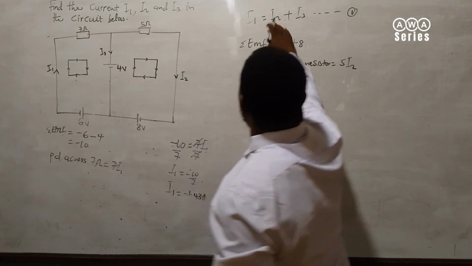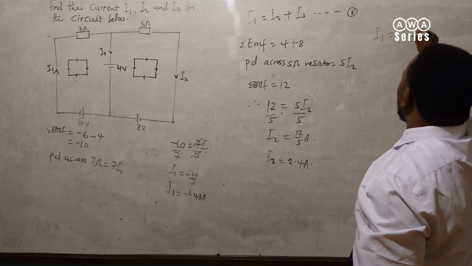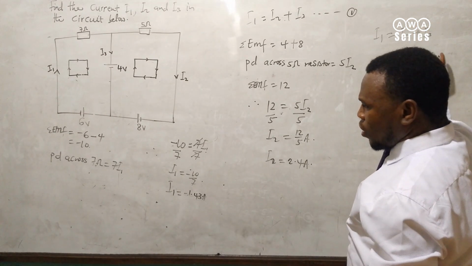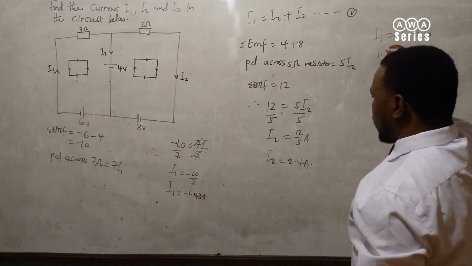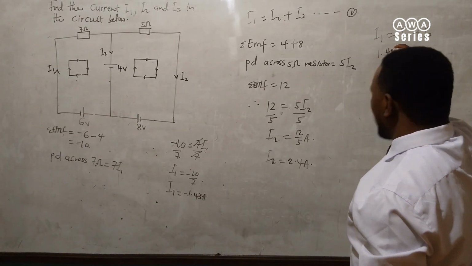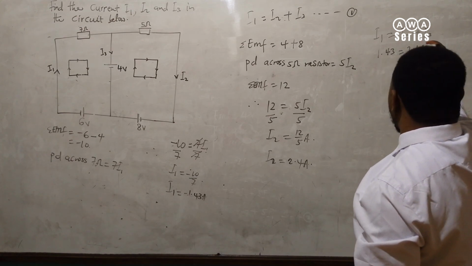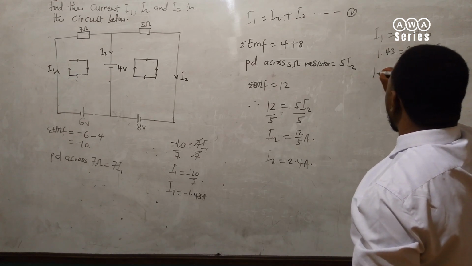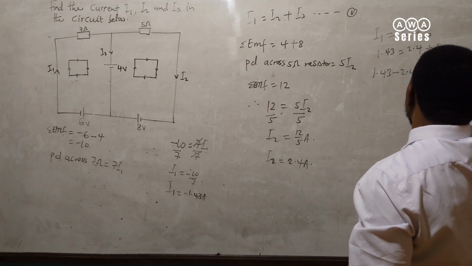Now, if you put that into the first equation where we have I1 equal to I2 plus I3, we know I1 to be negative 1.43, which is equal to I2, which is 2.4, plus I3. So if you send this one here, you have negative 1.43 minus 2.4 is equal to I3.